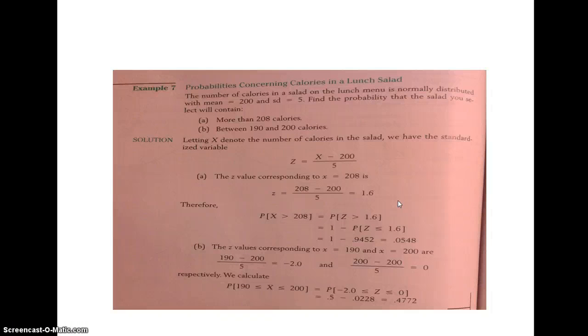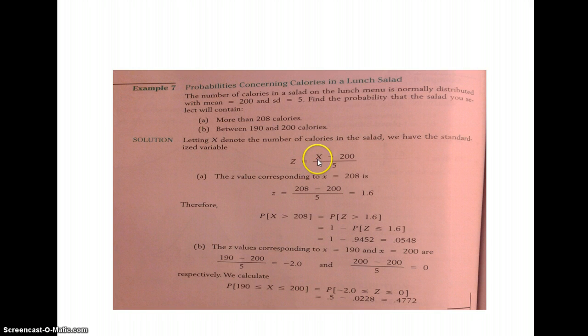And in this example, notice that 208 is the number of calories. That's not a standardized variable. First, we have to use the formula x minus mu divided by sigma to convert the x to the standardized variable z.